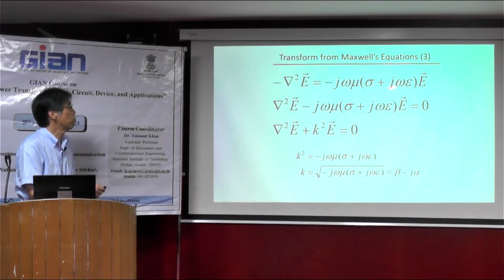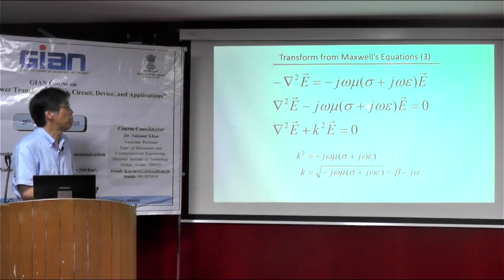And so we change this formula to one side. For example, we move this left term to the right side, and we get this formula. And this is a very complex number, so we assume this minus j omega mu and sigma plus j omega epsilon is equal to k square.